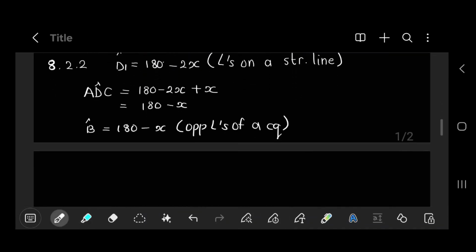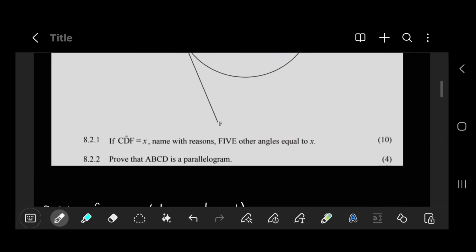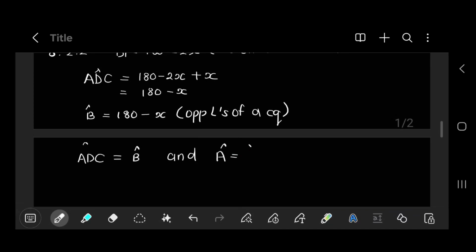Now we're going to conclude, and we're going to say that angle ADC is equal to angle B, and angle A is equal to, we're going to call this BCD, which was x.